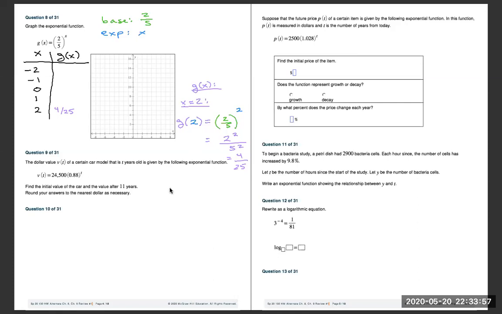Okay. When x is equal to 1, g of 1 is going to equal 2/5 the quantity to the first power.